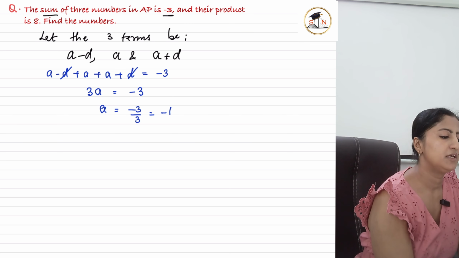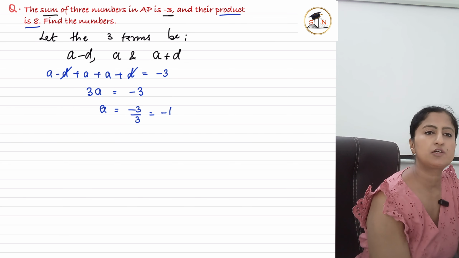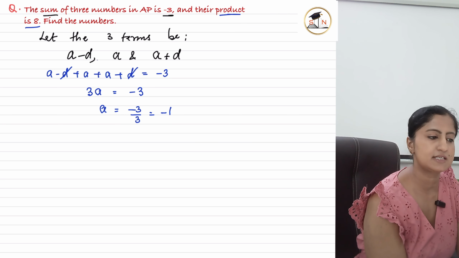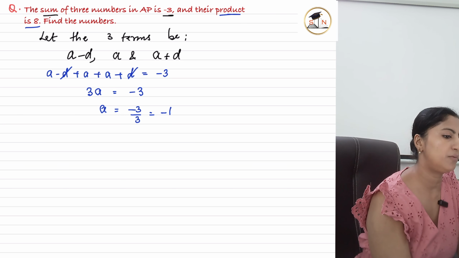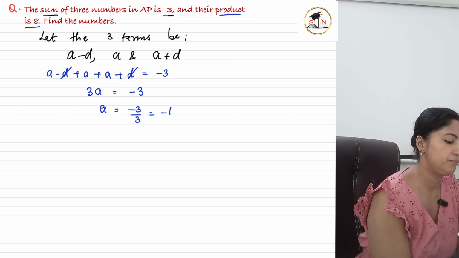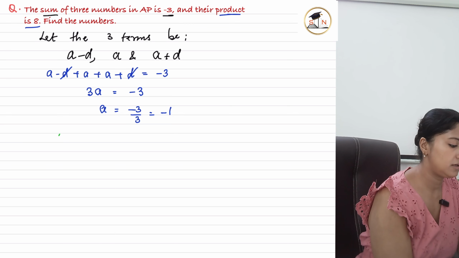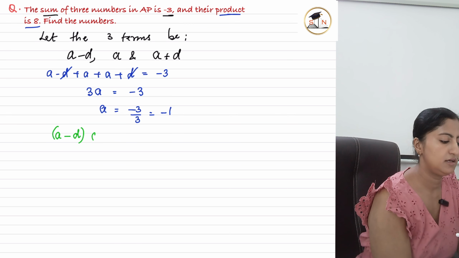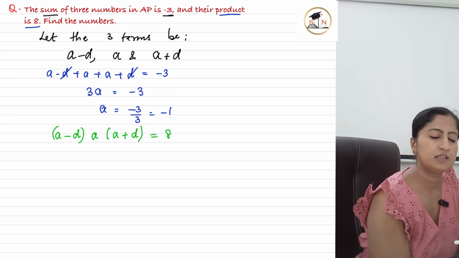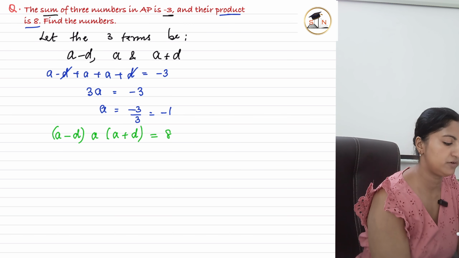Okay. Now, the next thing they have told, the product is 8. Product of what? Product of the three terms we had selected, right? So now we are going to operate on the product. So we will be writing a minus d times a times a plus d, and this is given to us as 8. Now we had already the value of a as negative 1, which we are going to substitute over here.